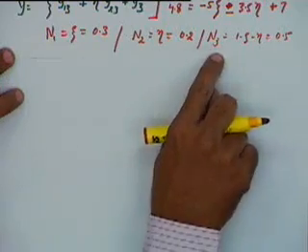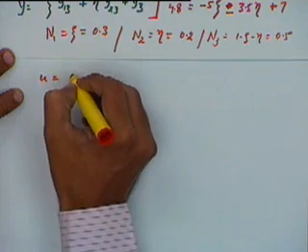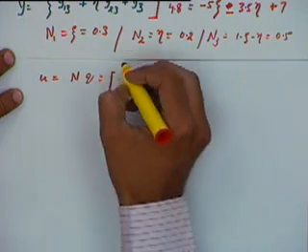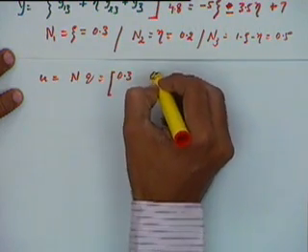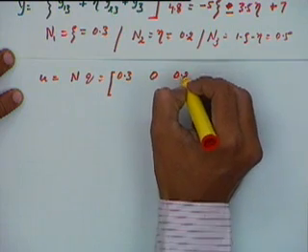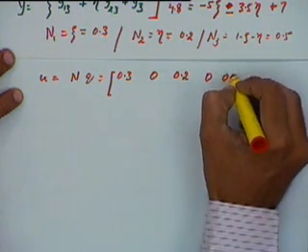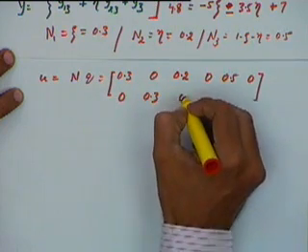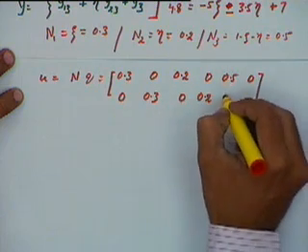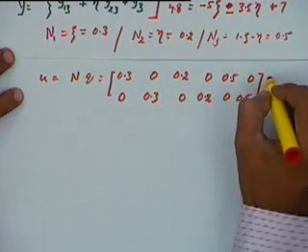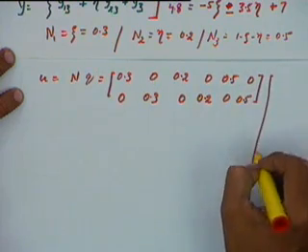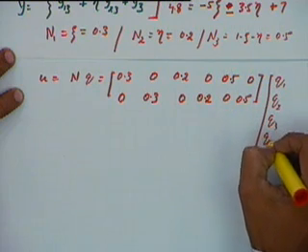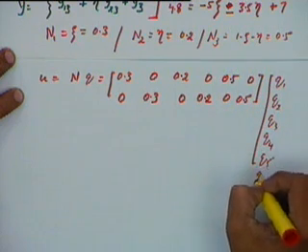I know n1, n2 and n3, so u is equal to n times Q. That will be equal to the matrix with first row 0.3, 0, 0.2, 0, 0.5, 0, and second row 0, 0.3, 0, 0.2, 0, 0.5, multiplied by the Q column vector, which is Q1, Q2, Q3, Q4, Q5 and Q6.